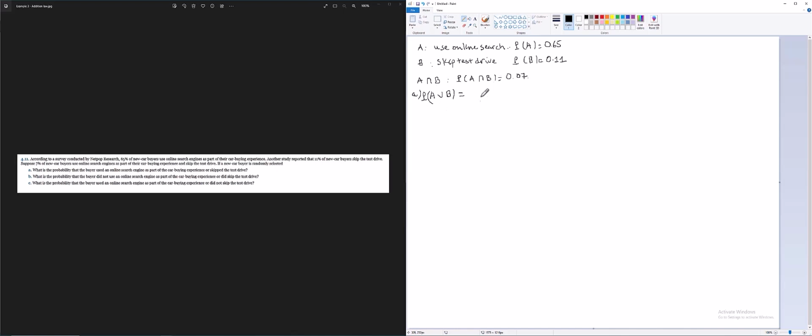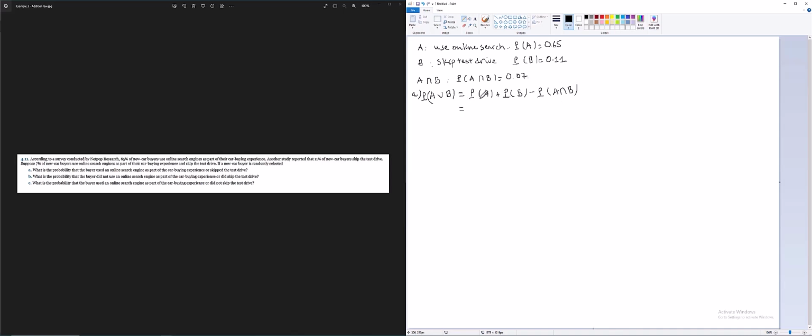So we need to find the probability of A union B, and using the addition law, that probability equals P of A plus P of B minus P of A intersect B.